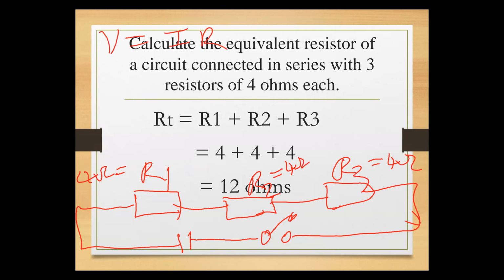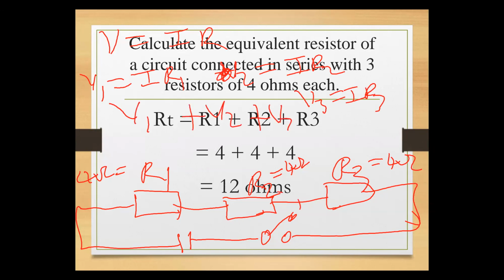And then remember, on a series connection, the current doesn't change. So in other words, we're going to have V1 equal to I times R1, for the other one we have V2 equal to I times R2, and for the other one we have V3 equal to I times R3. So the total voltage in this circuit is going to be V1 plus V2 plus V3.